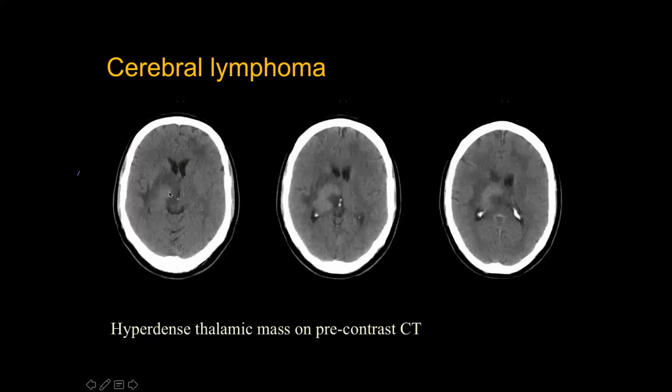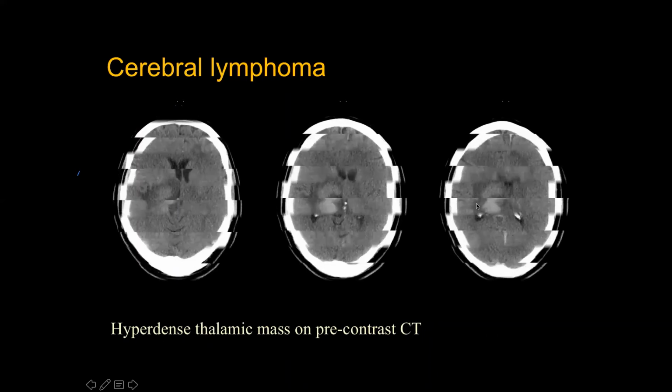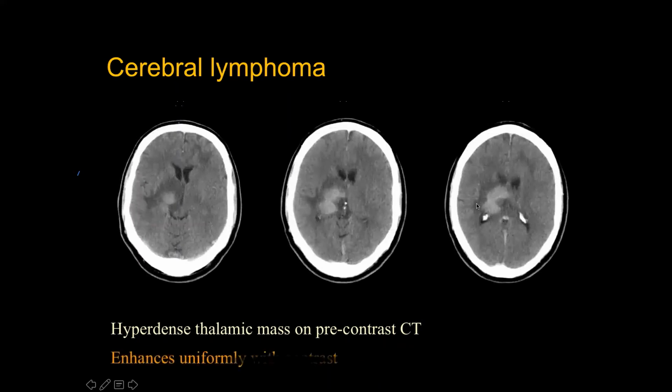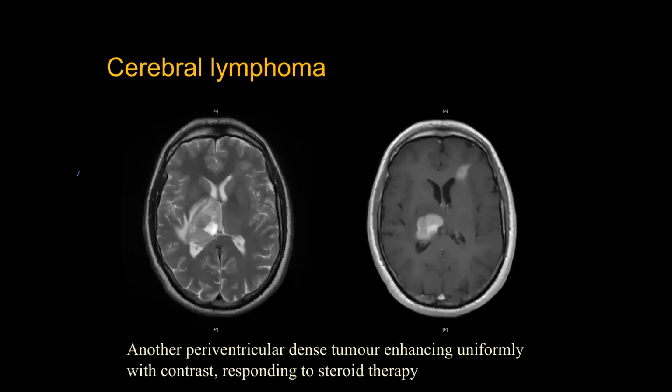This is another deep lesion abutting the ventricle, close to the ventricle surface, affecting the thalamus, hyperdense on CT with some edema. Post-contrast, it enhances homogeneously. Another one, a periventricular lesion, low on T2, enhances homogeneously.